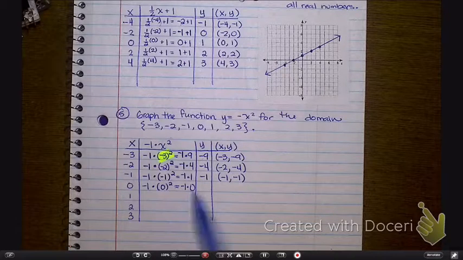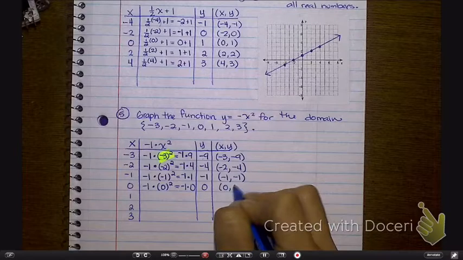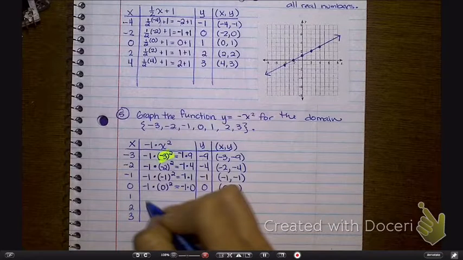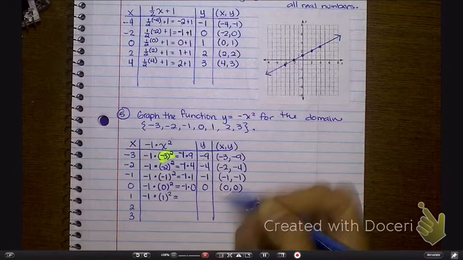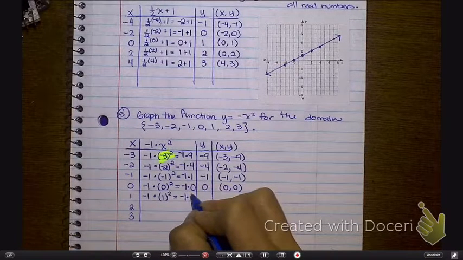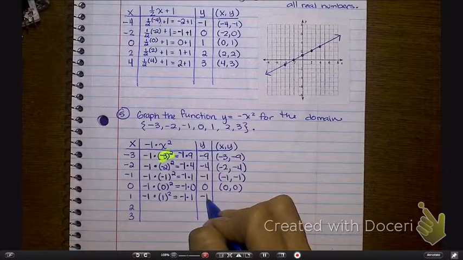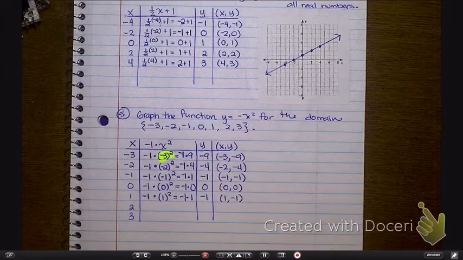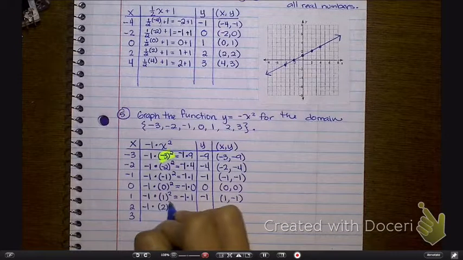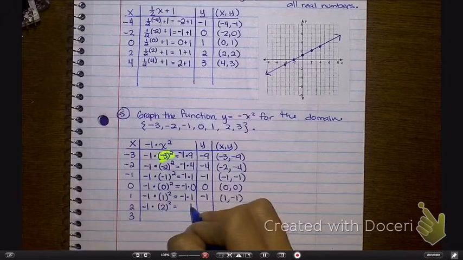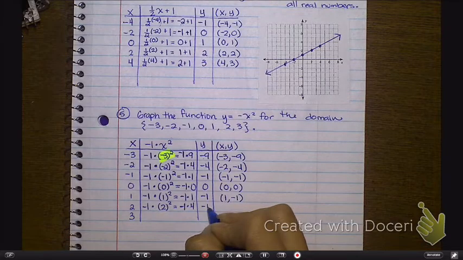Okay, what's -1 times 0? 0. So for this one, we get -1. And now we're going to plug in +2. That gives me +4 times a -1, -4.